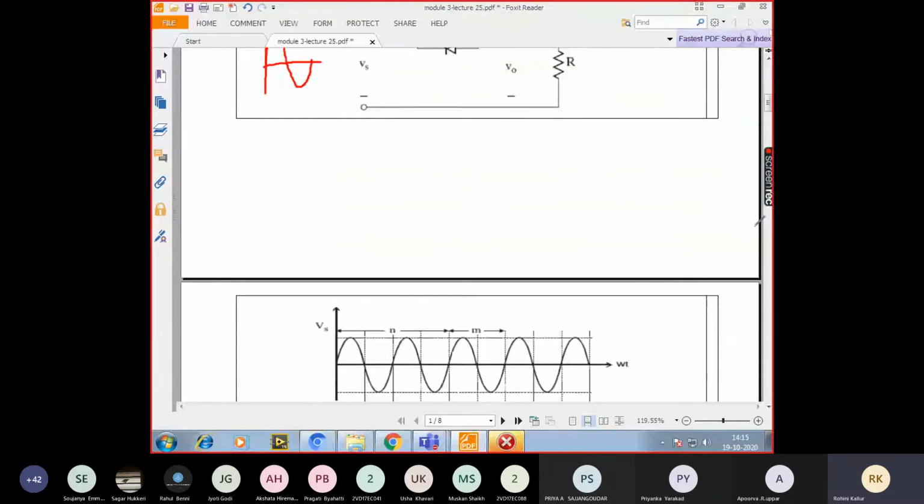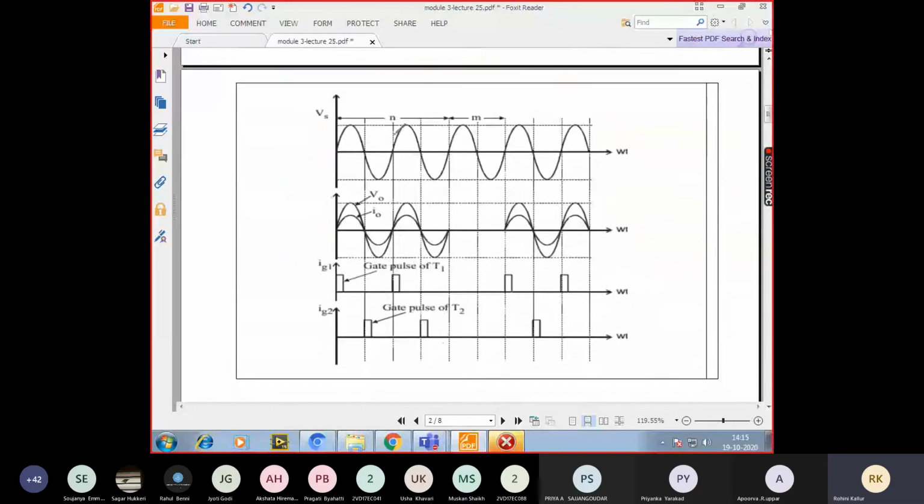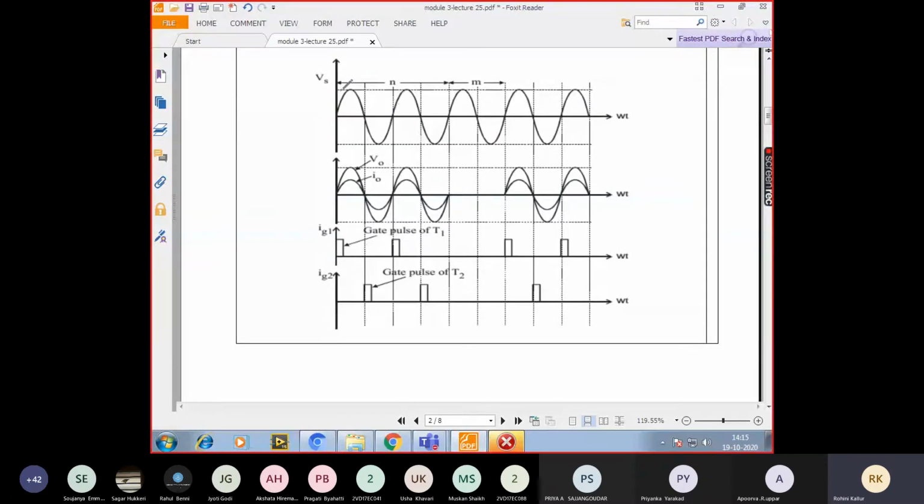So we have seen that if this is my input cycle, n is the cycle with the gate pulse or the on cycle, and m is your off cycle. For the n cycles, which is the on period, I am applying the gate pulse at these two ends.